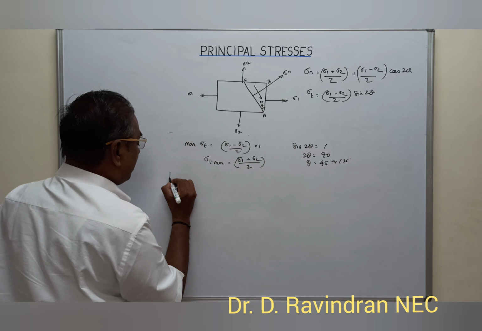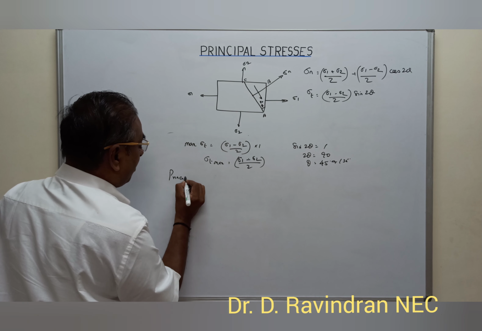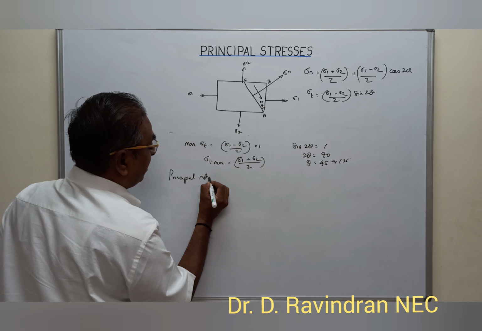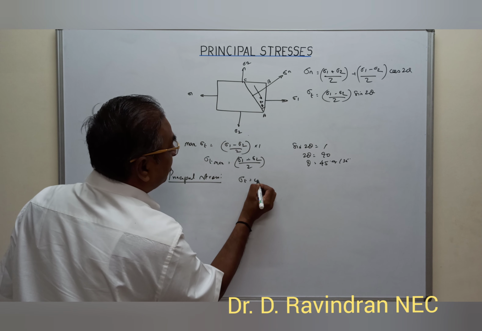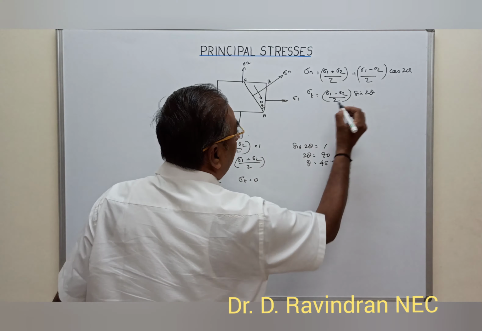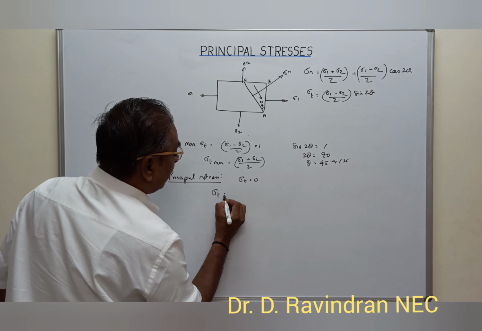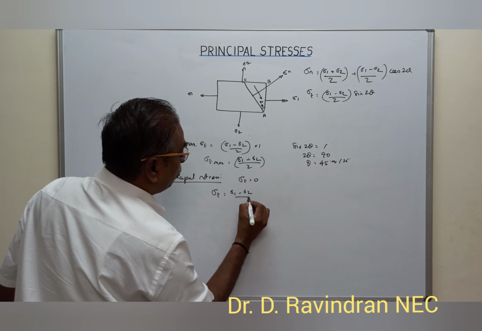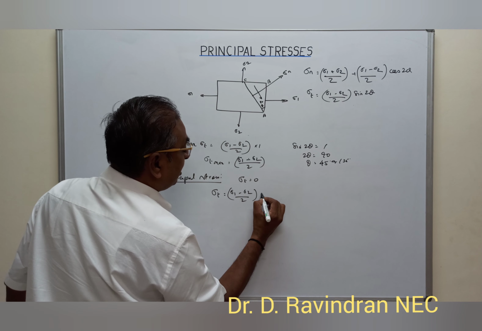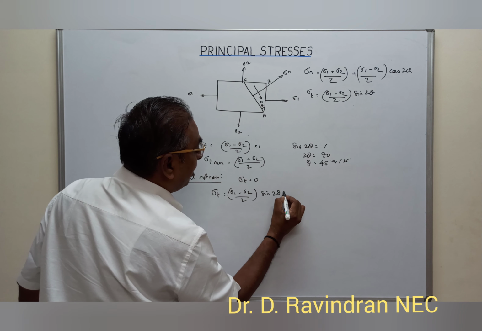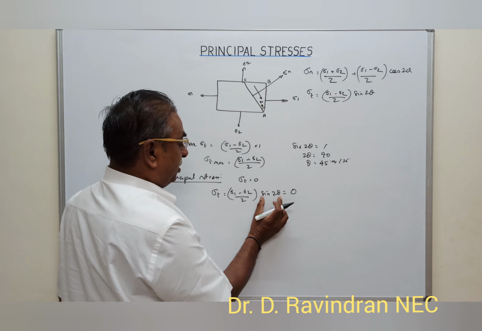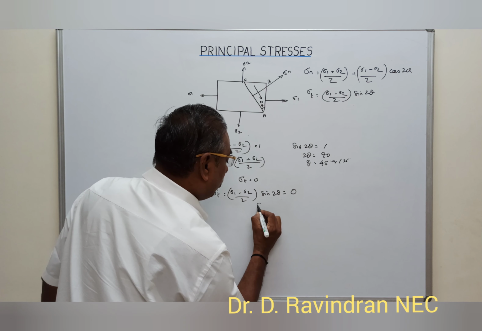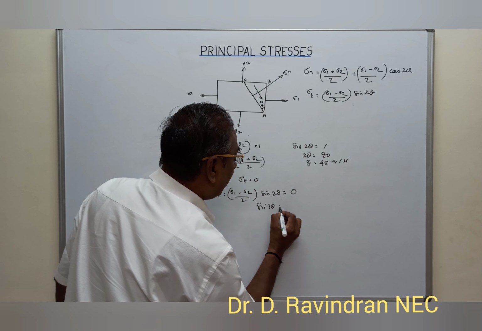But we can find the principal stress at the plane where sigma t is equal to 0. Whereas this term, sigma 1 minus sigma 2 by 2 into sin of 2 theta, will be 0 when one of the terms becomes 0. This cannot become 0, so sin of 2 theta is 0.